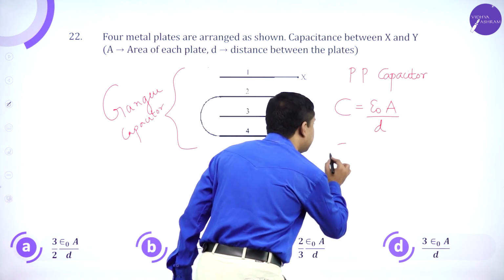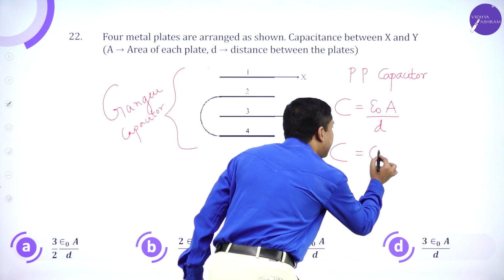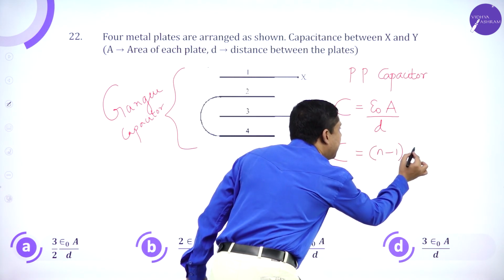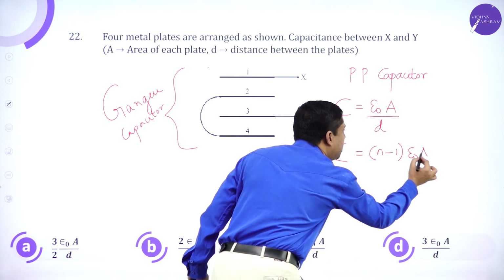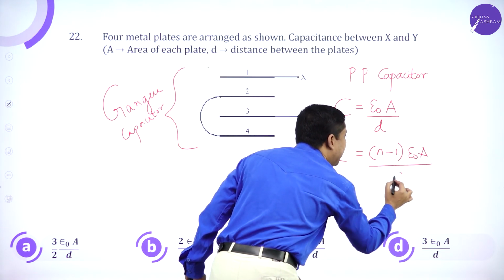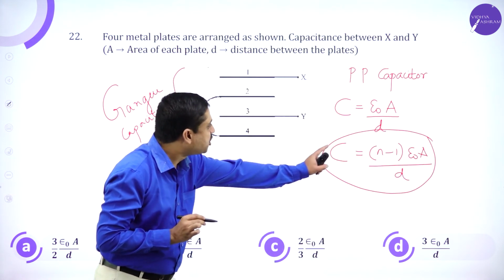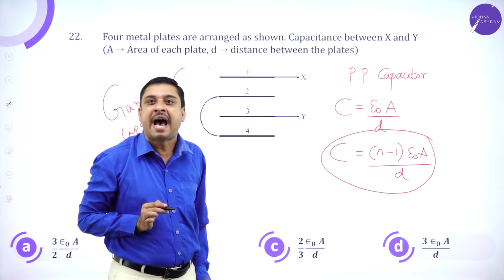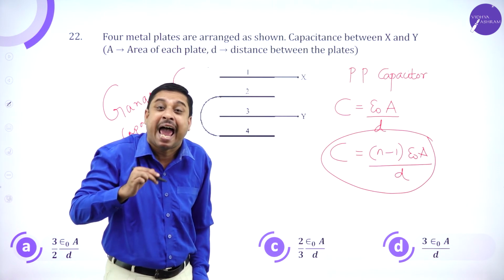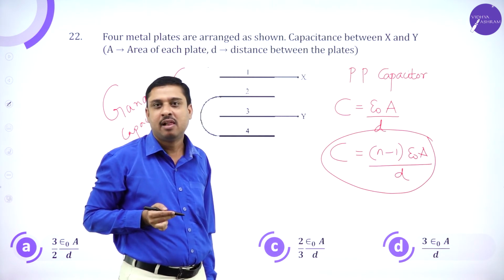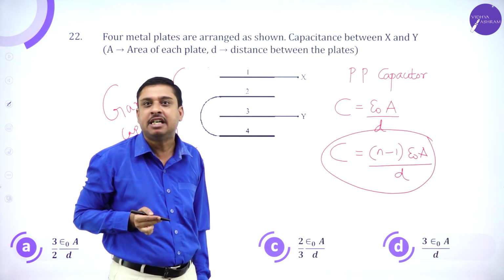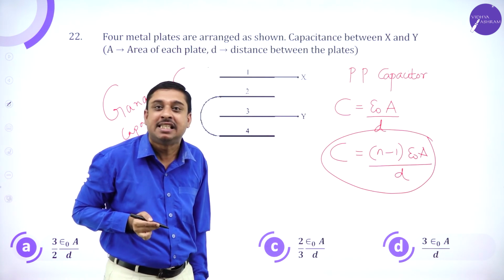And for such a system, C is (n minus 1) epsilon naught A by d. So please note this expression for the capacitance of gang capacitors, where the metal plates are inserted.